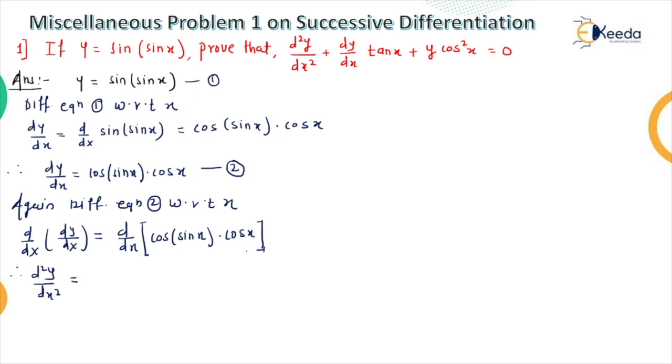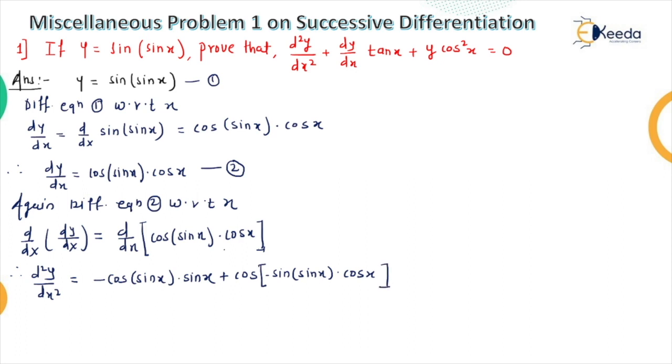Here we have to use the product rule. I am taking the first as it is, cos of sine x, and the derivative of the second, the derivative of cos x, is minus sine x.